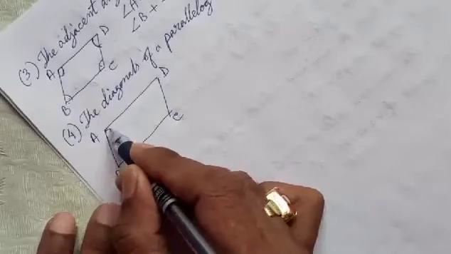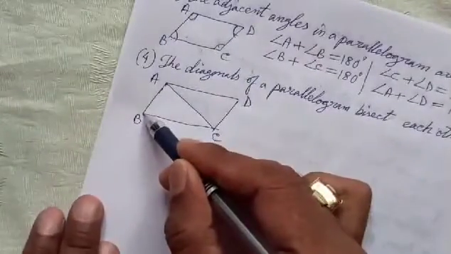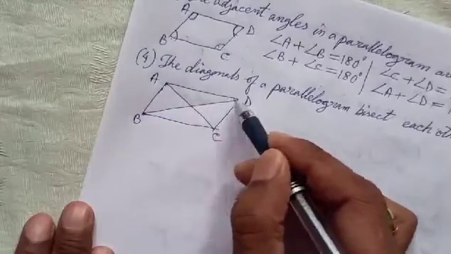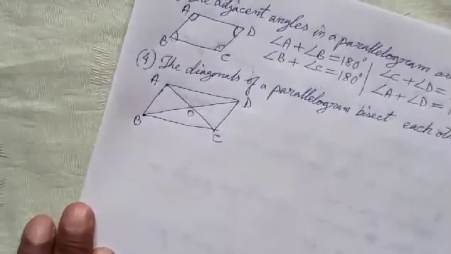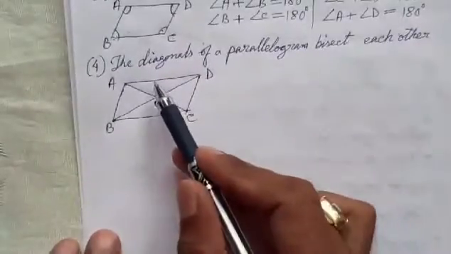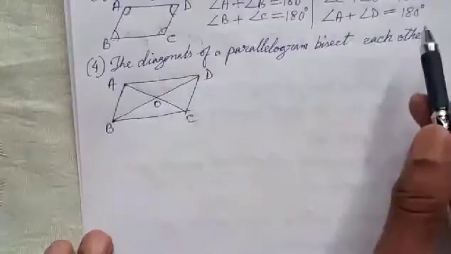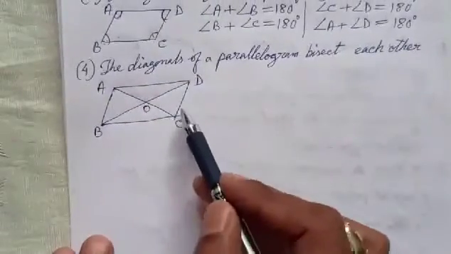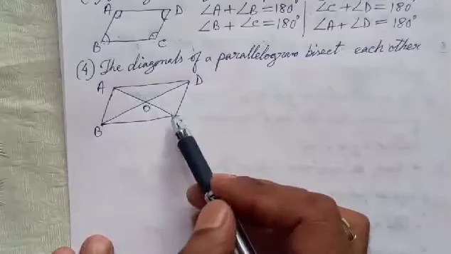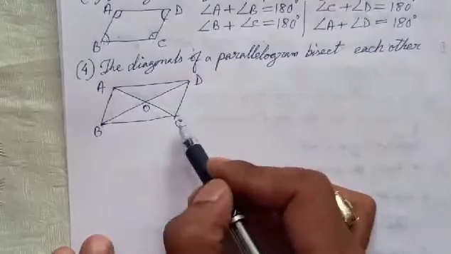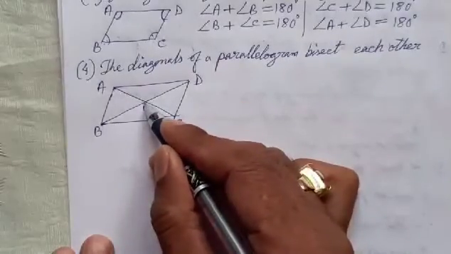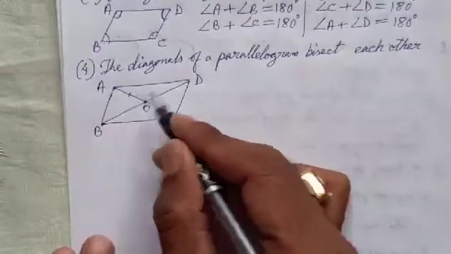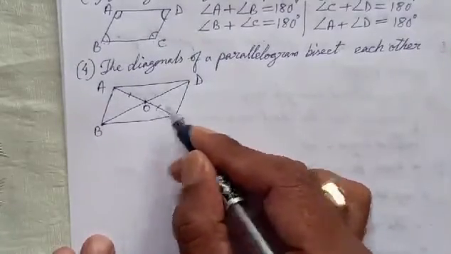This is the first diagonal, and this is the second diagonal, and the two diagonals intersect at O. Now by this property number 4, the diagonals bisect each other. So AC and BD intersect at O, then AO length and OC length must be equal.